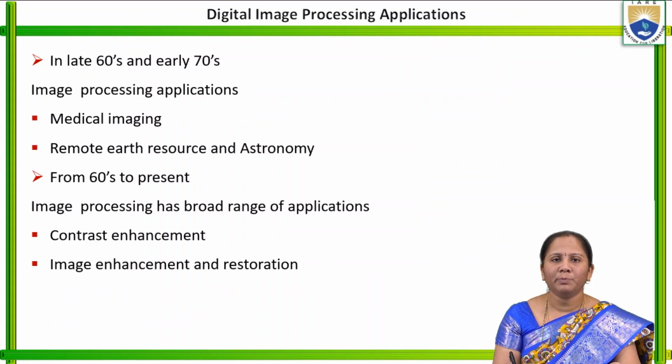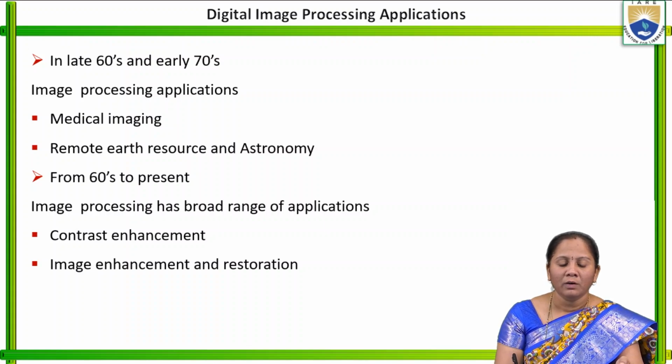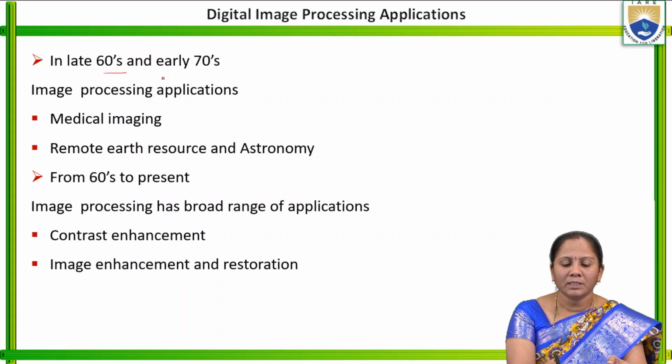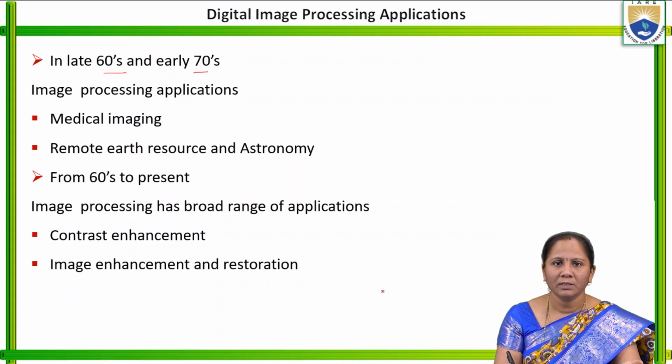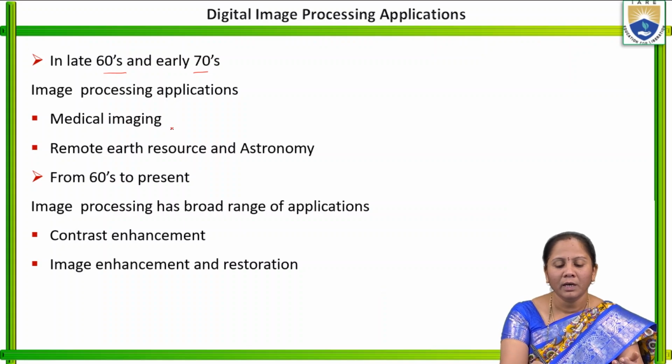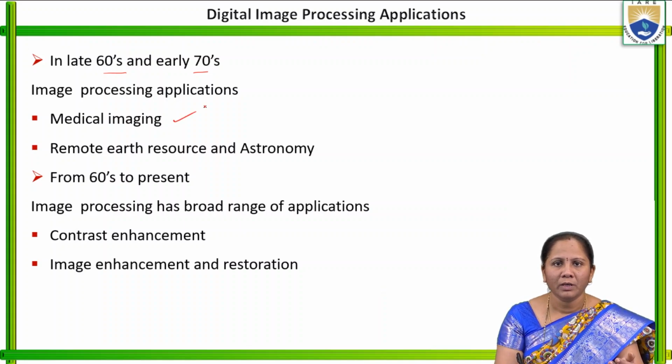Digital image processing is used in a wide variety of applications. In the late 60s and early 70s, image processing applications were used in medical imaging, remote earth resources and astronomy.